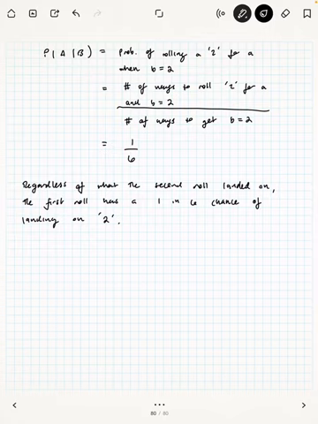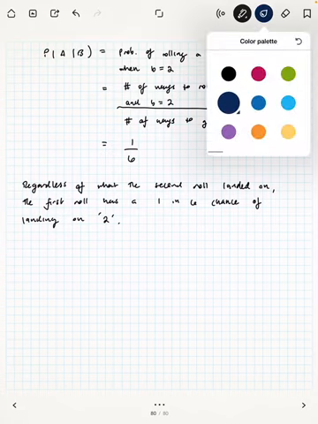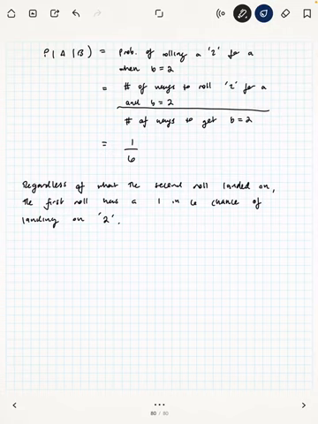So how do we formalize that? You can consider this a theorem or a definition if you want.